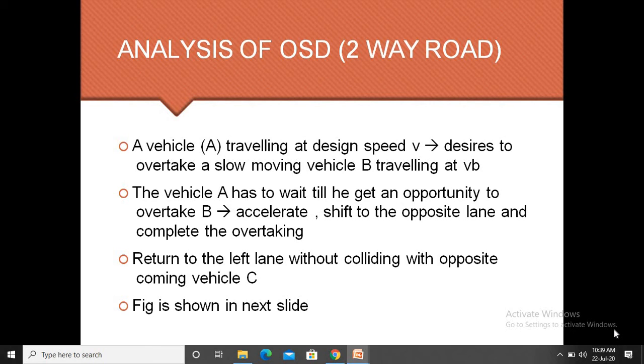Vehicle A has to wait till it gets an opportunity to overtake B, accelerate and shift to the opposite lane, and complete the overtaking. At that time we need to check whether any vehicle is coming from the opposite direction. Only then we overtake and return to the left lane without colliding with the oncoming vehicle C.